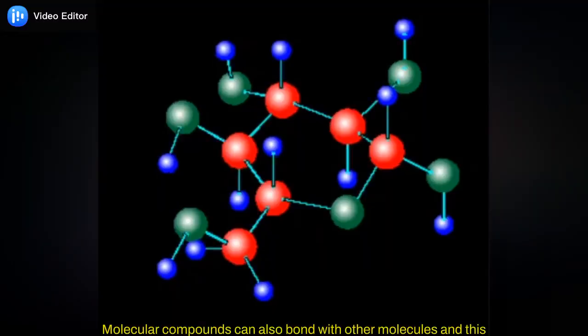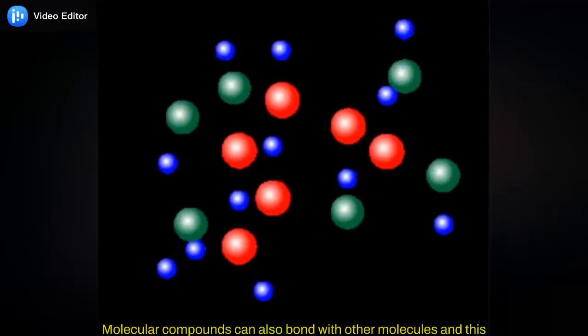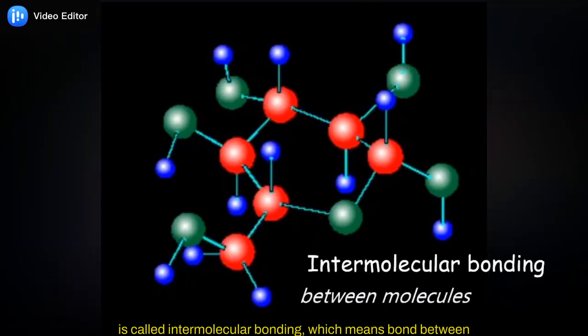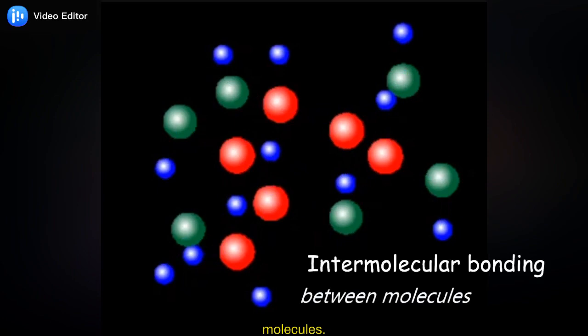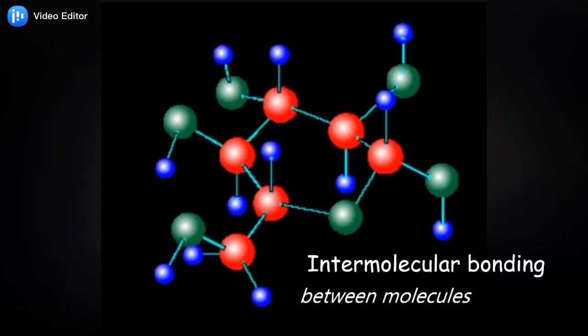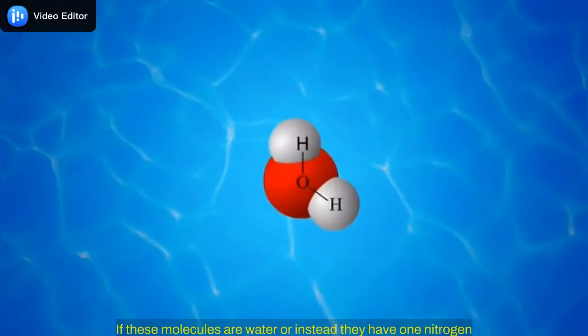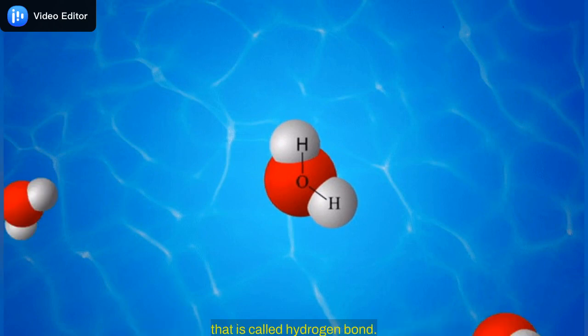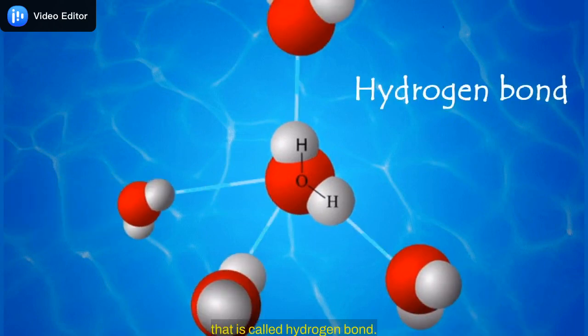Molecular compounds can also bond with other molecules, and this is called intermolecular bonding, which means bond between molecules. If these molecules are water, or instead they have one nitrogen atom or fluorine atom that is covalently bonded to hydrogen atoms, they can make a specific type of intermolecular bond that is called hydrogen bond.